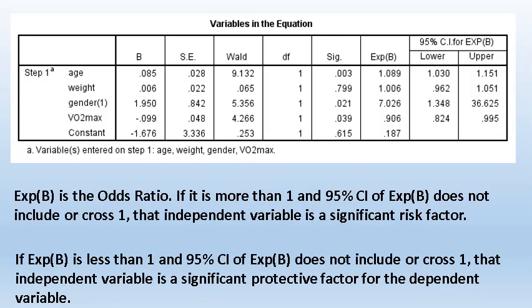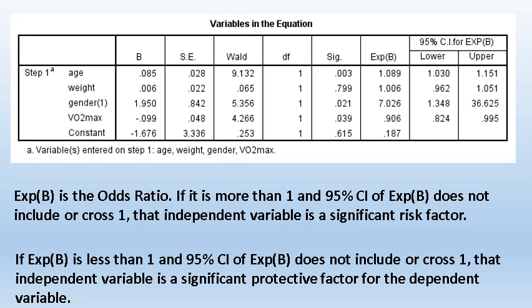Now we can go through the results table. Exponential B is the odds ratio. If it is more than 1 it means higher risk of development of the outcome. But we need to look at the 95% confidence interval of exponential B also.